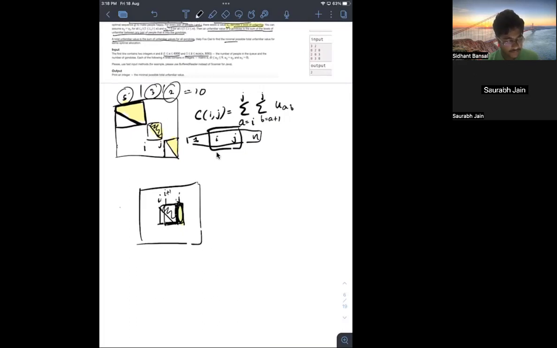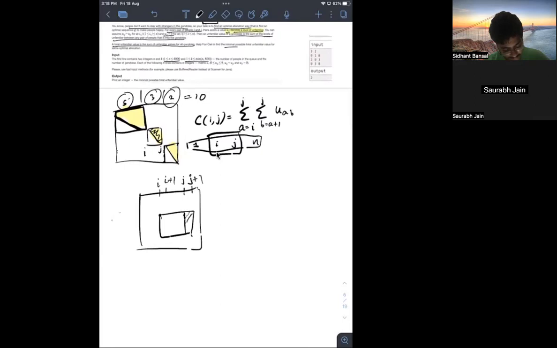Sorry, my bad. The way to explain it would be this. Say this is i, this is i plus 1. So if you go from ij to ij plus 1, you are adding this portion.